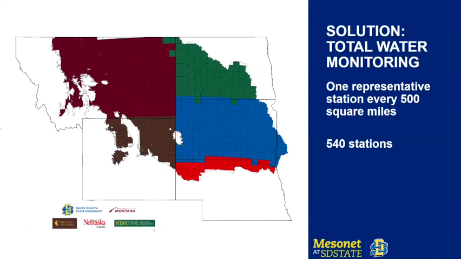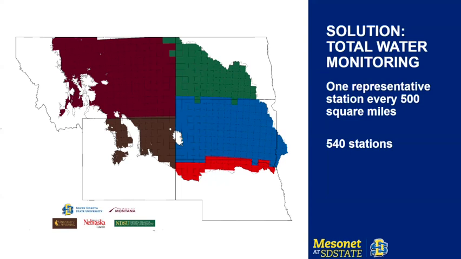So the way that you solve this problem, when I talk about total water monitoring, I'm not just talking about what variables we need to look at. I'm also talking about getting sufficient spatial coverage. And based on a lot of previous work done and what modelers wanted to see, that means 1 per 500 square miles.